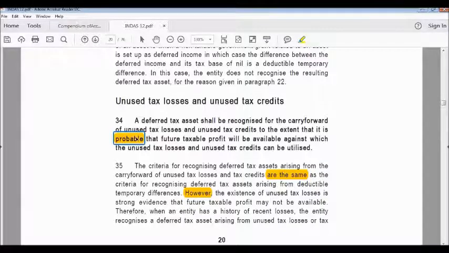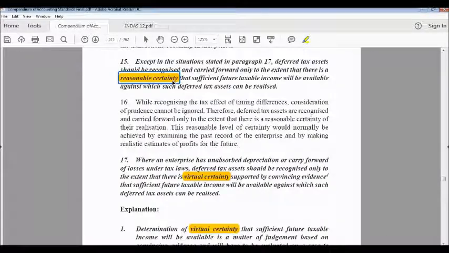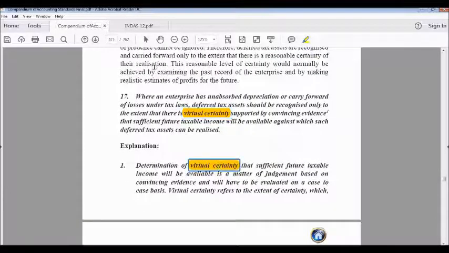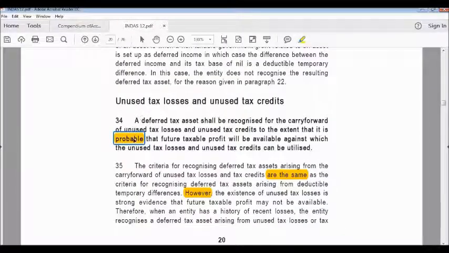The same principle, probable. But earlier, reasonable certainty was there in case of a deferred tax asset, and in case of a carry forward of losses, virtual certainty supported by convincing evidence, and then the explanation of virtual certainty. But here it simply says you can recognize the deferred tax asset on the normal deductible temporary differences, and in case of unused tax losses when it is probable that future taxable profit will be available.